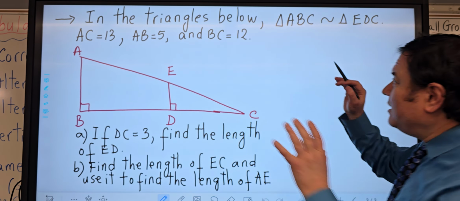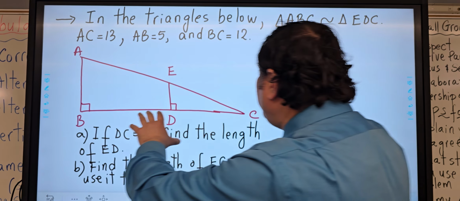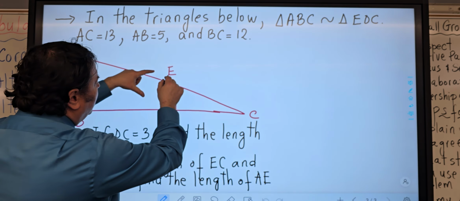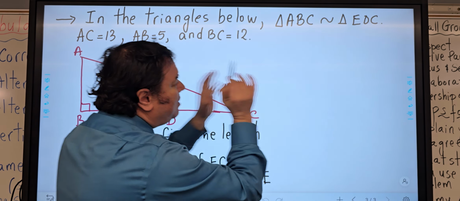In this triangle below, the entire triangle ABC and the smaller triangle EDC are similar.